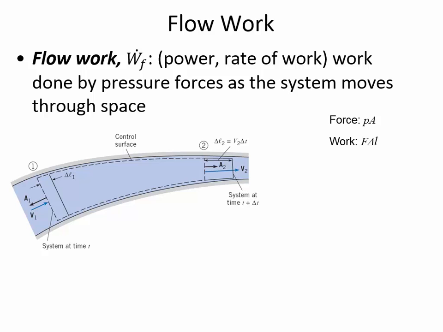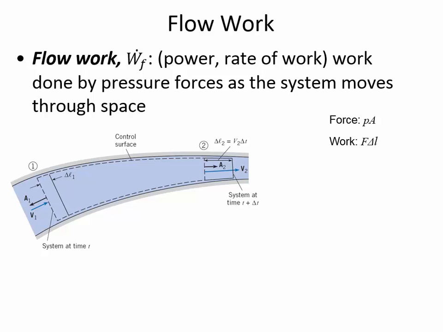Here is a depiction of a control volume with an outside surface area, the control surface, indicated here in a dash. As the water flows through this control volume, the energy associated with that flow movement is moving with it. Forces are pressure times area. Remember from the exam, the pressure on the outside of the control surface acting in towards the system was counted as an external force.